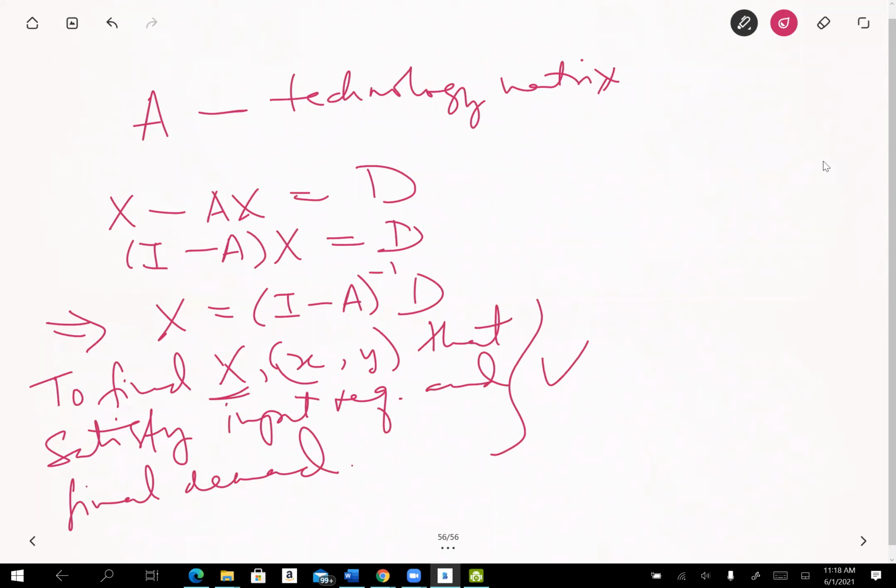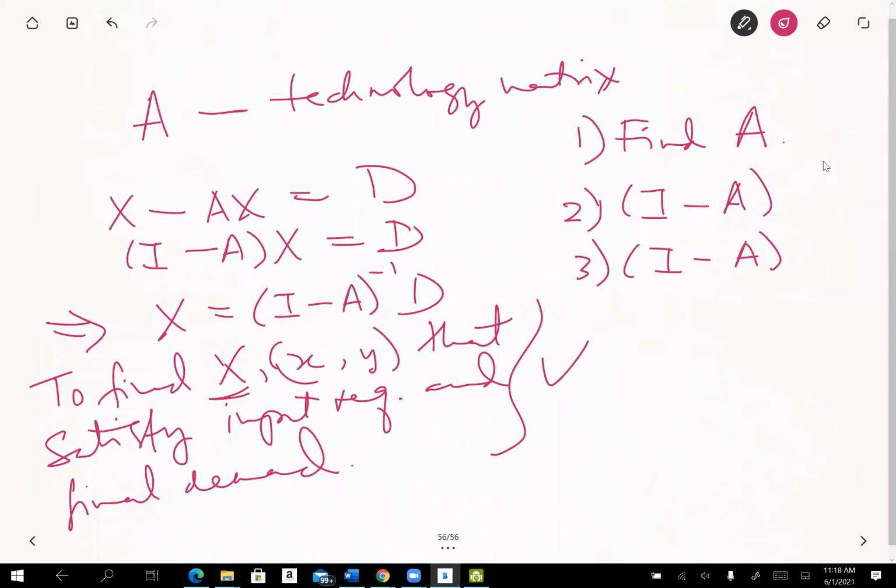Now, in order for you to do that, number one, you compute matrix A, the technology matrix. Number two, you don't want to find the inverse of A. You want to find the inverse of I minus A. So number two, you get the difference, I minus A. Number three, you find the inverse of I minus A. Then number four, solve.